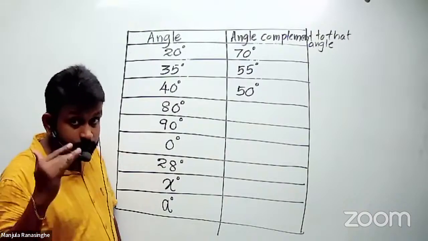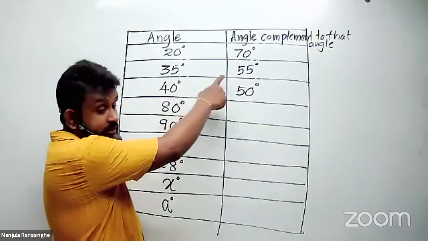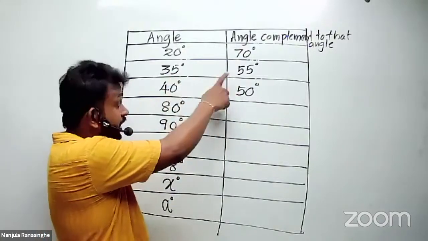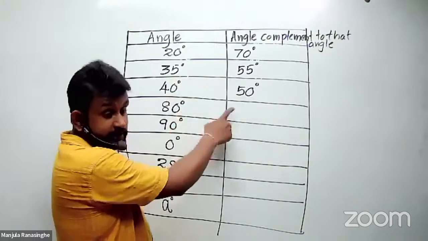You have to subtract the angle from 90, then you get the complementary angle. 90 subtract 40 is 50, 90 subtract 35 is 55, 90 subtract 80, how much?